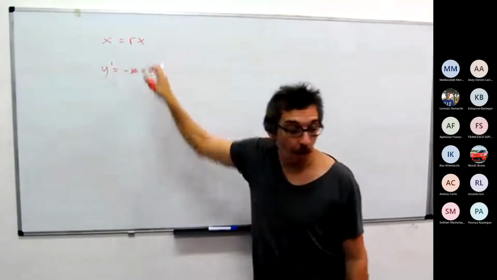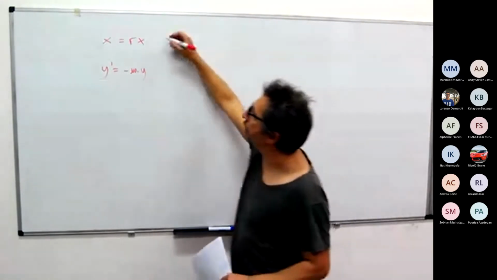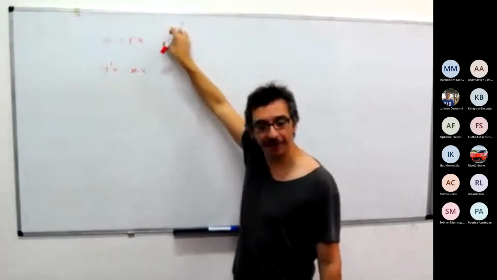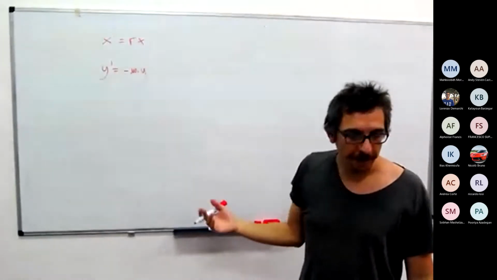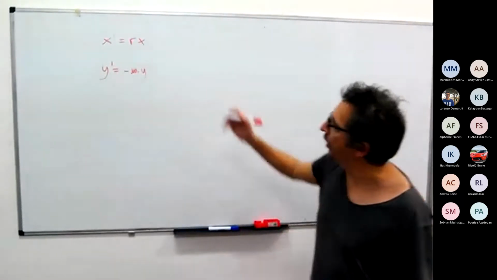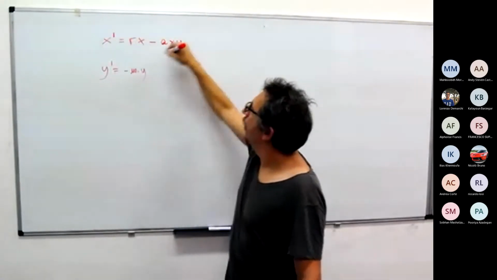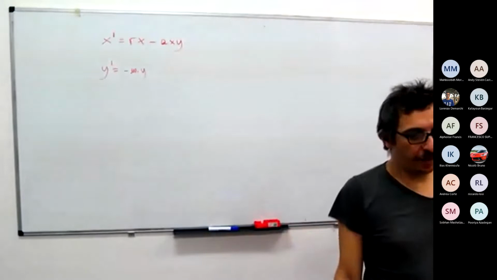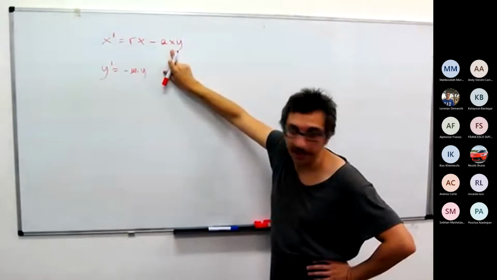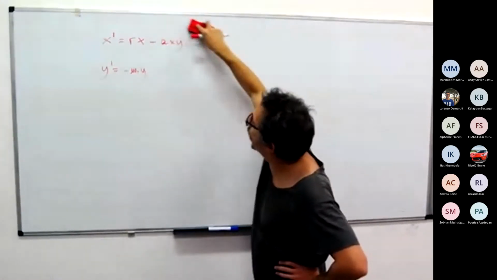What I want to do here instead is to put the interaction that you can have between foxes and rabbits. If a fox meets a rabbit, the fox eats the rabbit. So the population of rabbits will decrease by some amount that depends on the possible encounters between foxes and rabbits. So instead of a term going like x squared, here I have a term going like x times y.